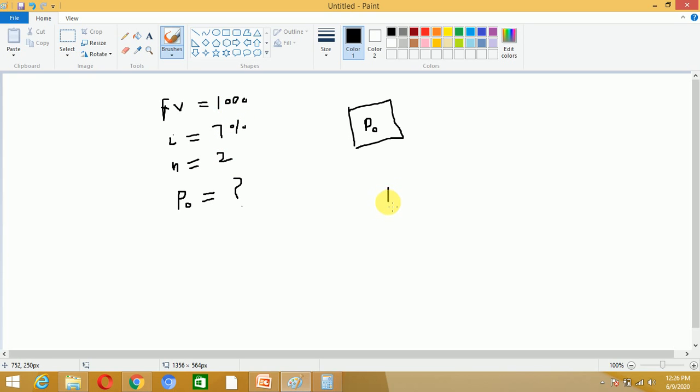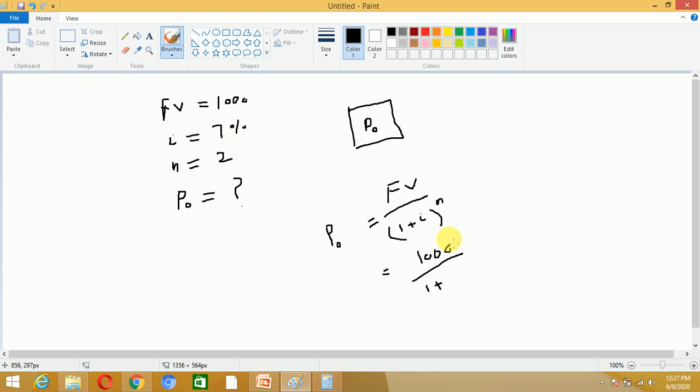So now you know the formula. Future value divided by 1 plus i raised to the power n is equal to P naught. So just put the values. Future value is how much? It is 1,000 divided by 1 plus i.